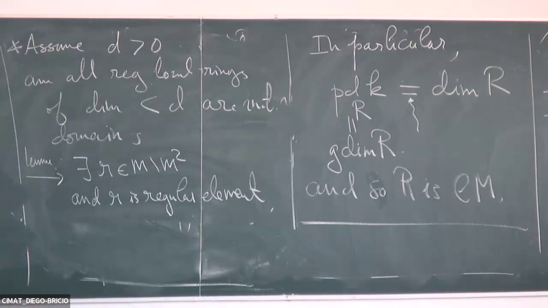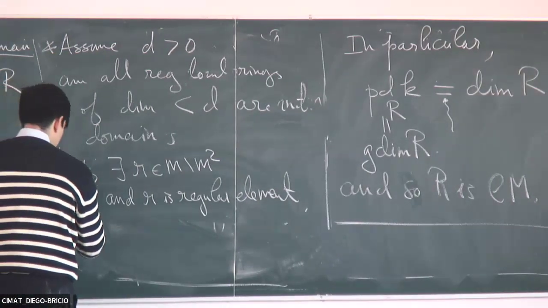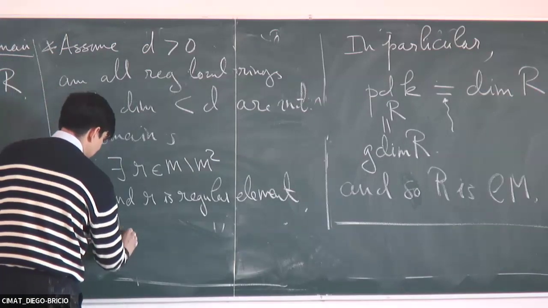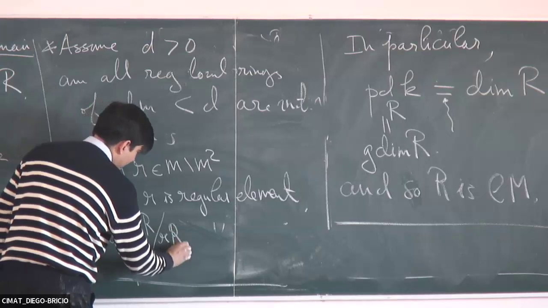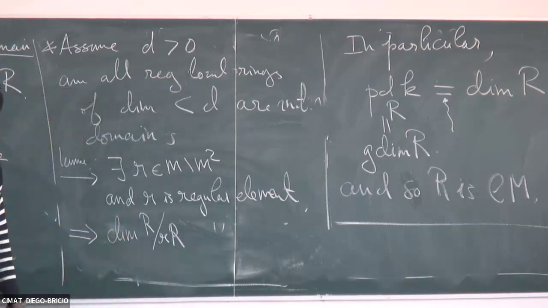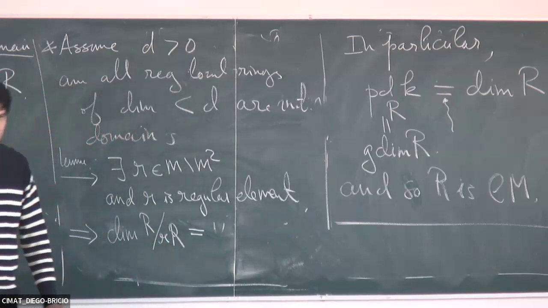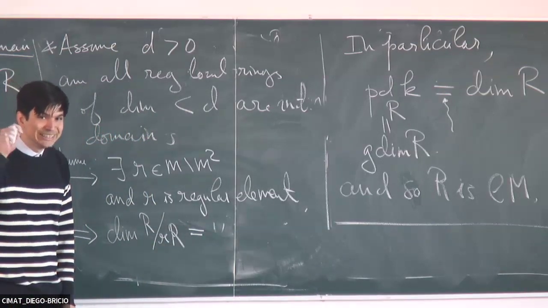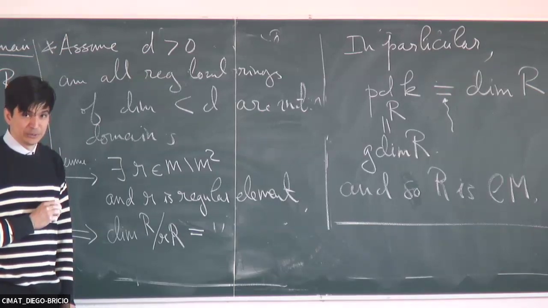Let me make a few remarks of what this implies. Now, what we're going to do is to look at the quotient of R by little r. Let's look at the dimension of this ring. What do we know about this? Thanks to the fact that r is a regular element and Krull's height theorem, the dimension goes down by 1. That's what a regular element does for you.